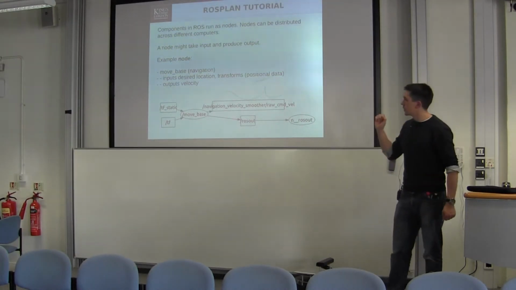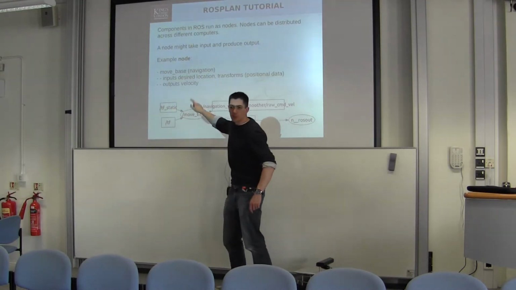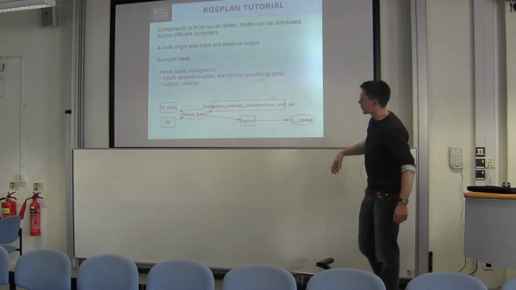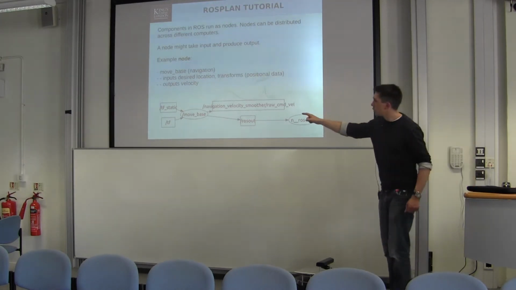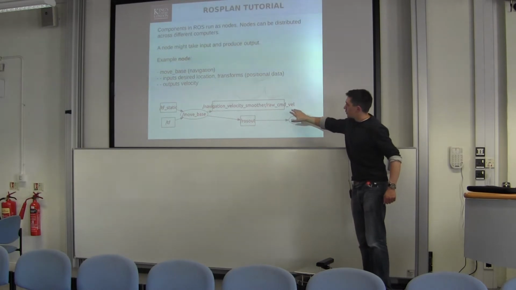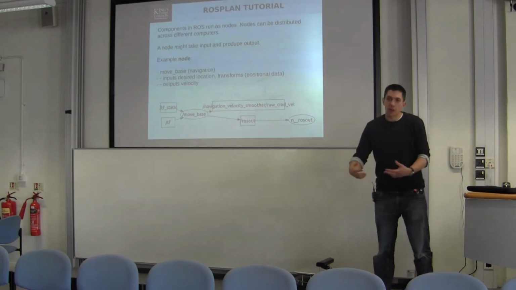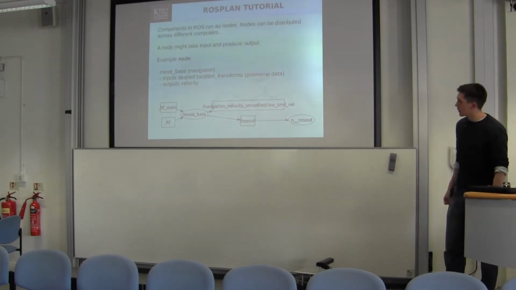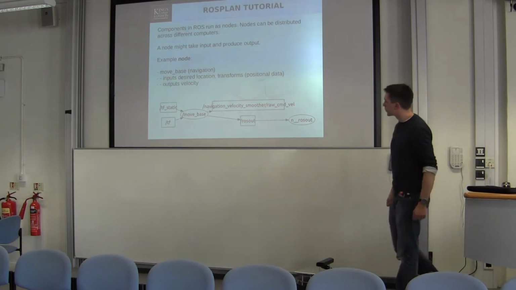You send in a transformation to move base, and the message topic hasn't appeared because it's never been sent when I made this. But you also send in a goal location, and then the node will output command velocity to move the robot. So that handles all the pathfinding internally, and it just has a set of inputs and a set of outputs.